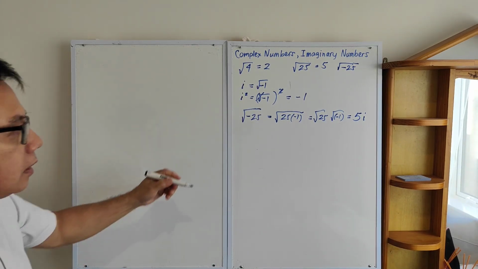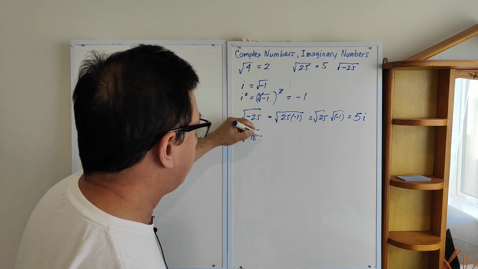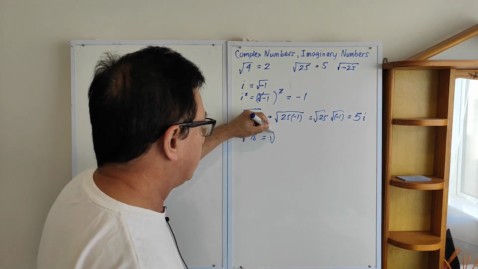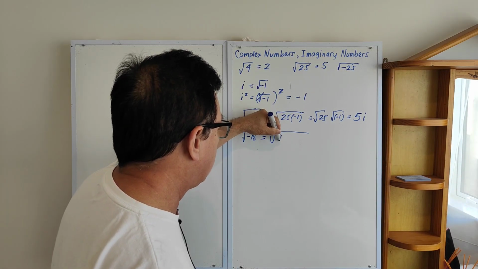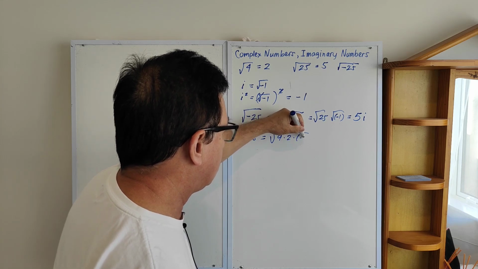Another example, let's say the square root of negative 18. We can separate negative 18 into 3 factors. For example, the square root of 9 times 2 times negative 1.